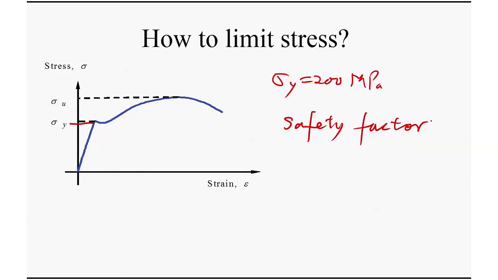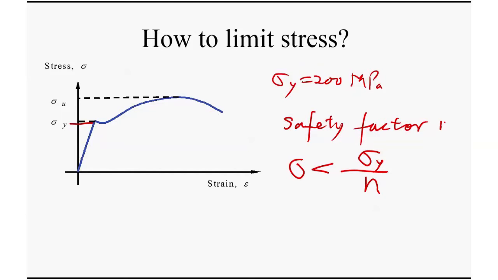For example, when I design this bridge, I don't want the stress to go to sigma y, 200. I want it to be maybe half of it or a quarter of it. So you calculate the stress and make sure your stress is smaller than sigma y divided by a factor n. And that n is the safety factor.